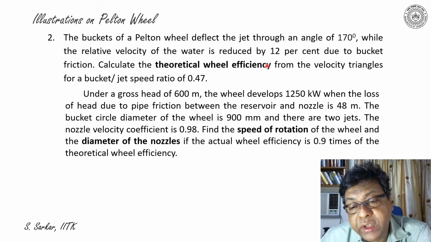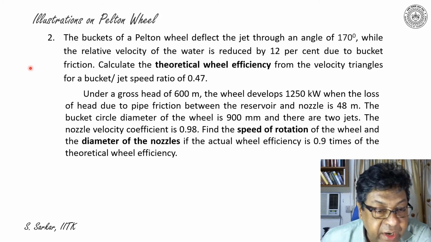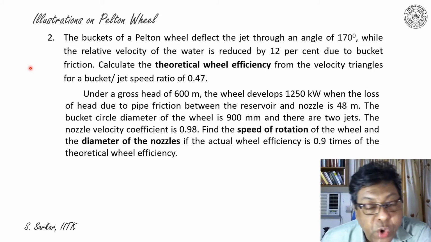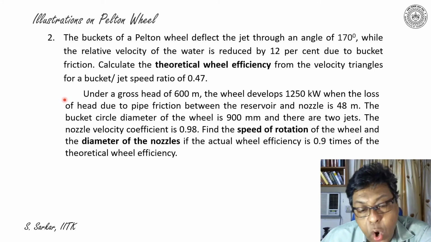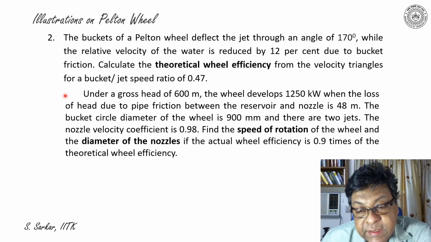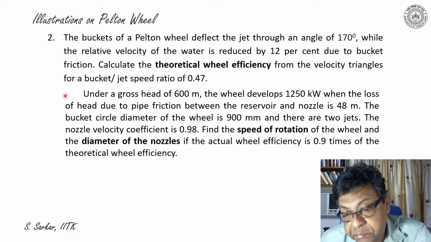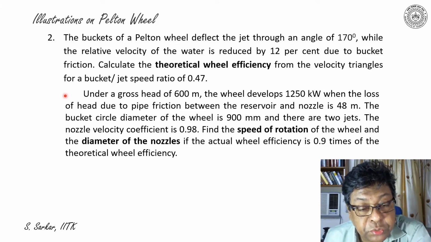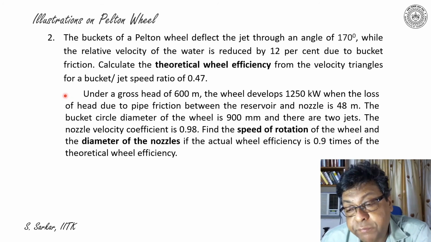Calculate the theoretical efficiency from the velocity triangle for a bucket to jet speed ratio of 0.47. Under a gross head of 600 meters, the wheel develops 1250 kilowatt power when the loss of head due to pipe friction between the reservoir and the nozzle is 48 meters.